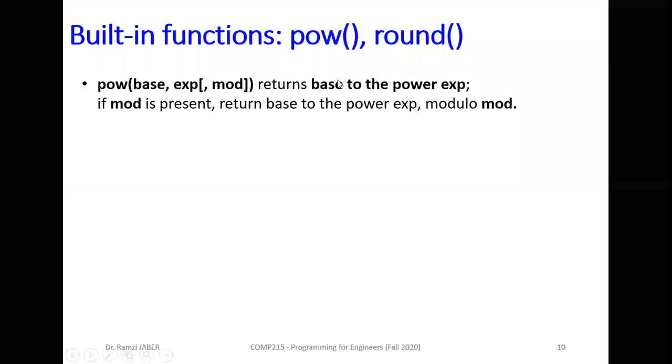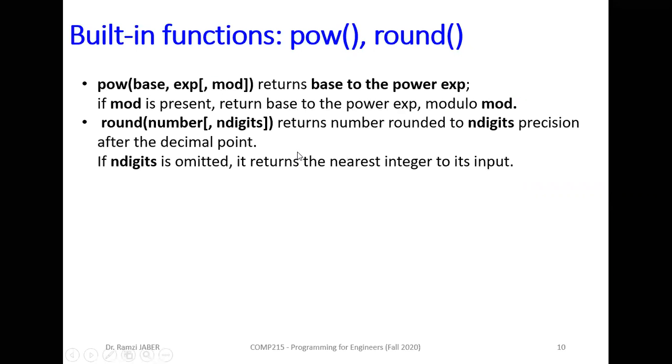Now we have pow, built-in function pow, and round. Pow's syntax is base, comma, exponent, comma, optional modulus, mod, optional here. It returns base to the power exponent. If mod is present, it returns base to the power exponent modulo mod. We'll see an example.